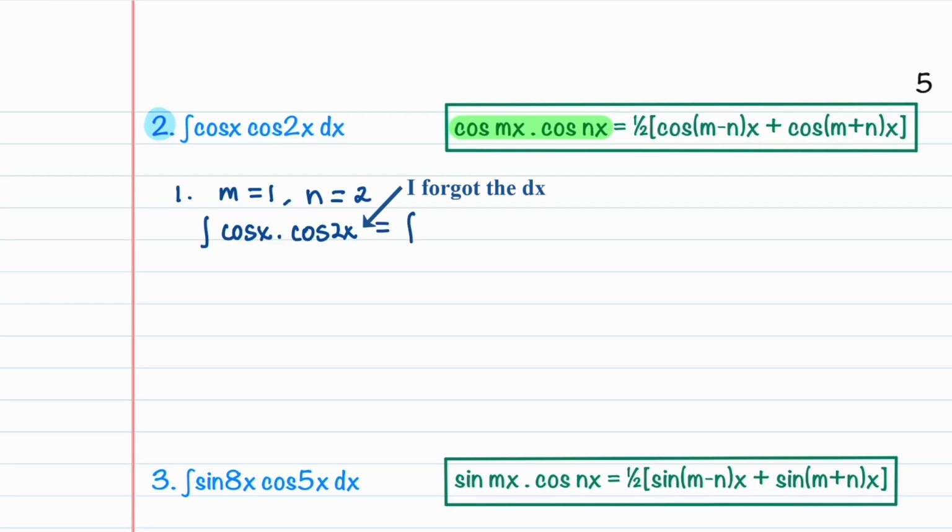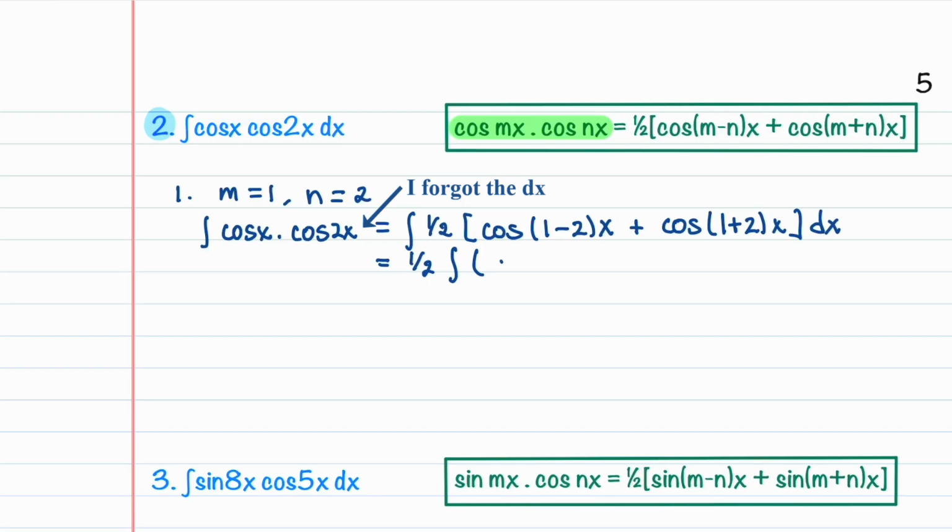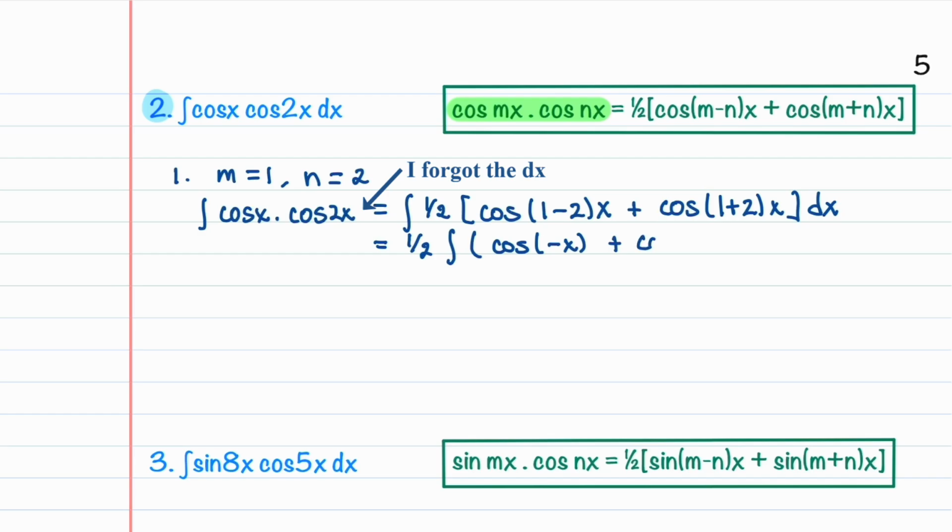Applying this formula is now 1/2 cosine m minus n, so that's 1 minus 2. We'll have to watch out for that sign right there, plus cosine m plus n, so that's 1 plus 2x dx. Let's go ahead and simplify this. We'll pull the 1/2 out in front, and then we're going to integrate cosine minus x plus cosine 3x dx.